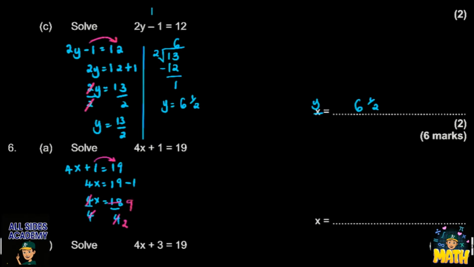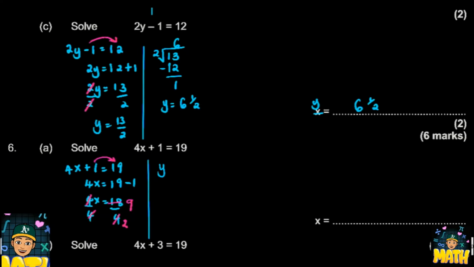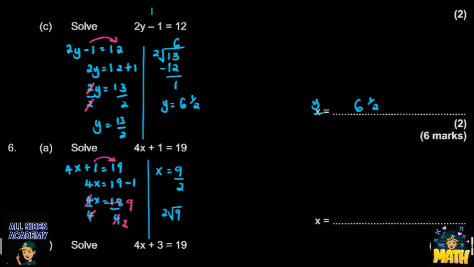I simplify by 2. 2 is a common factor. So now I end up remaining with x being equal to 9 over 2. So when I divide 9 by 2, I get 4, remainder 1 right there, and we can write that as 4.5.